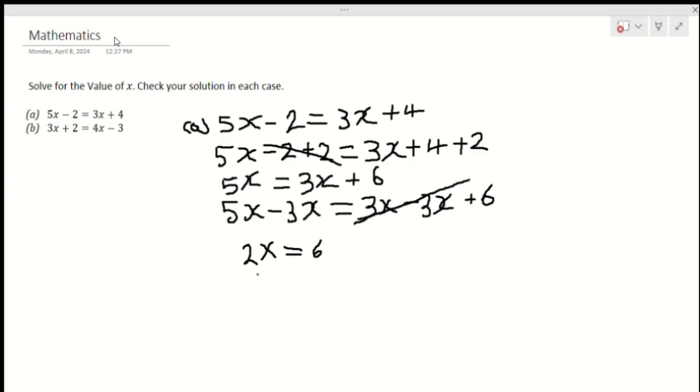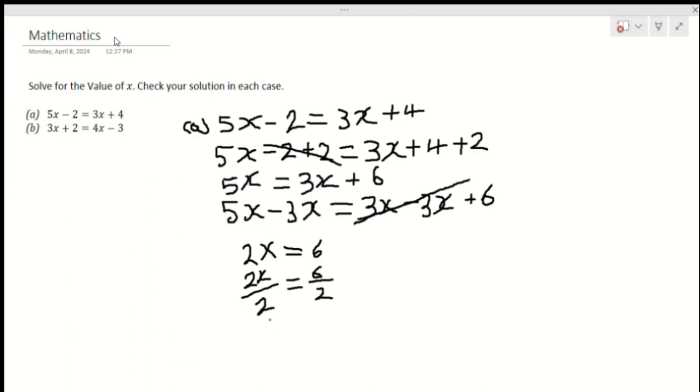So it would be 2x upon 2, because we're going to divide both sides by 2, equal to 6 divided by 2.